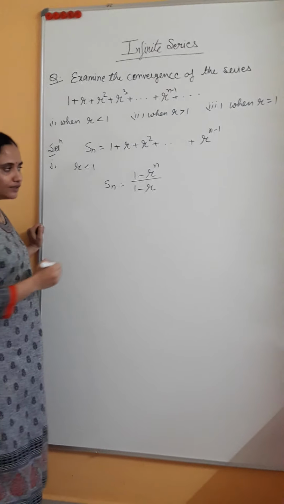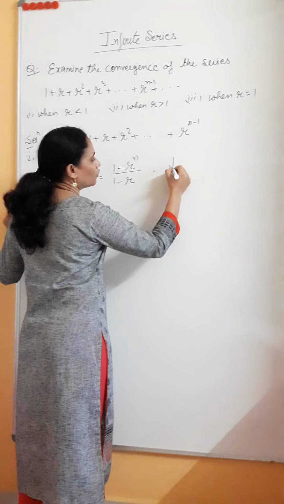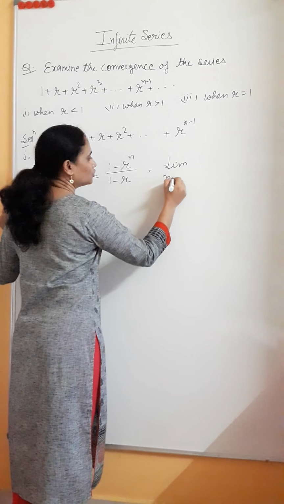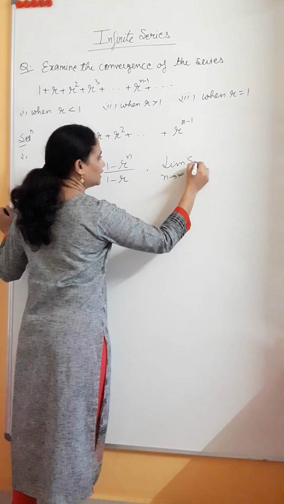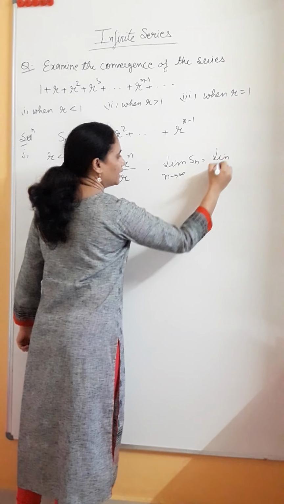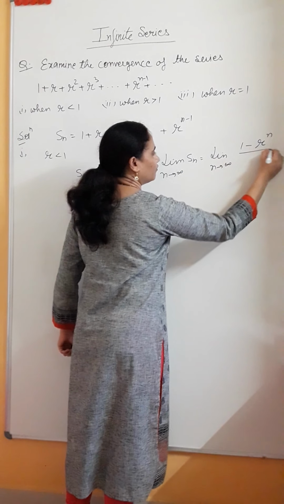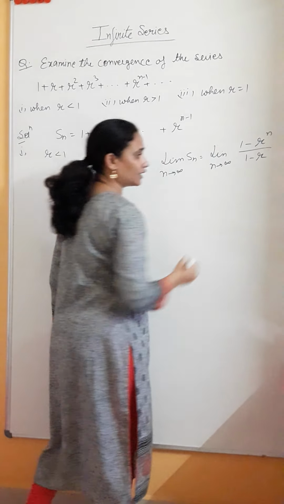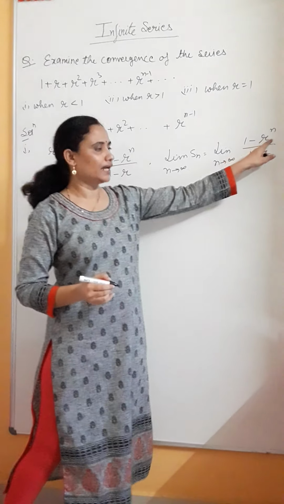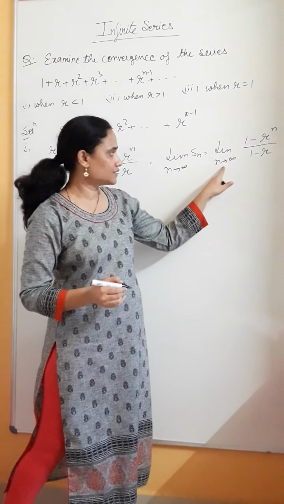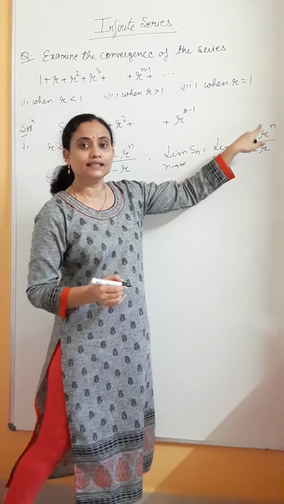Now to check the convergence, we have to take the limit of Sn as n tends to infinity. That is, limit n tends to infinity (1 minus r power n) divided by (1 minus r). Now this r power n term we have to check, because the limit is going over this term.